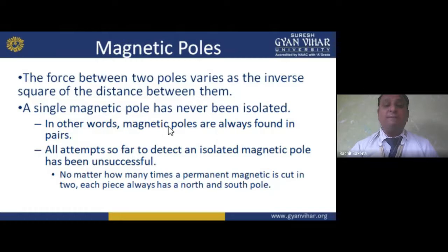We always found a pair. So no matter how many times a permanent magnet is cut in two, each piece always has a north and south pole.